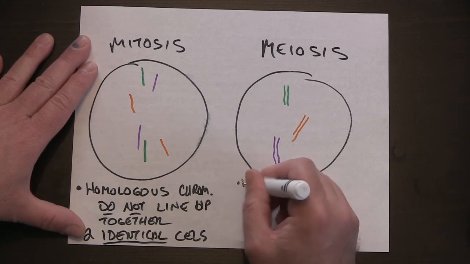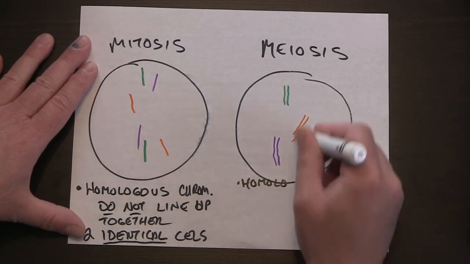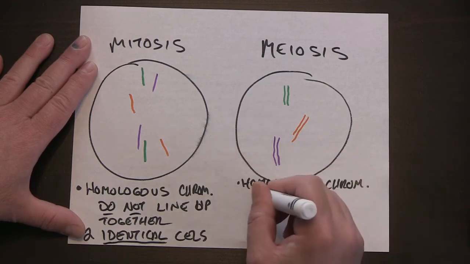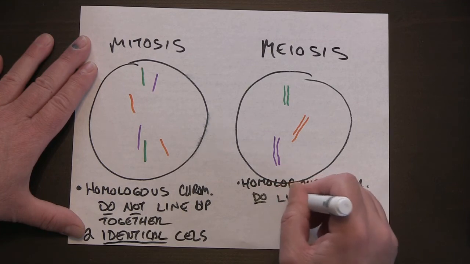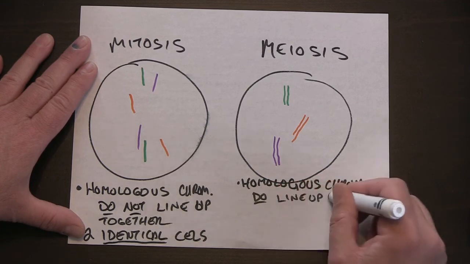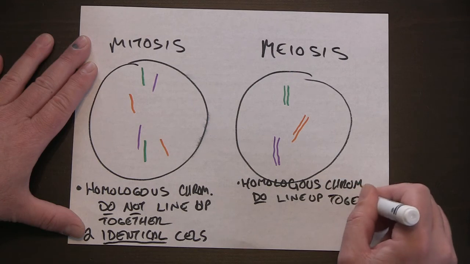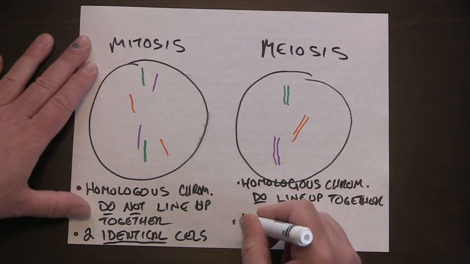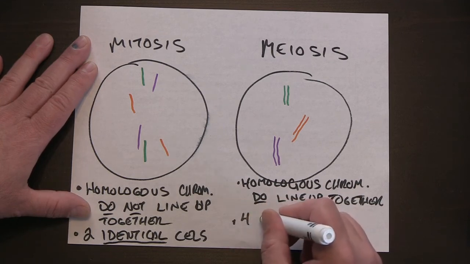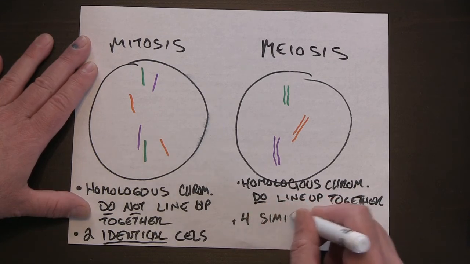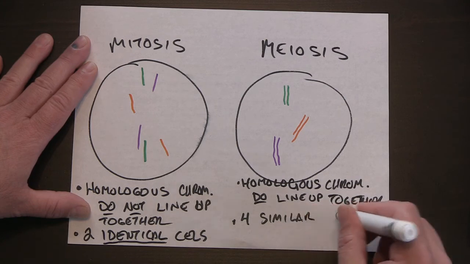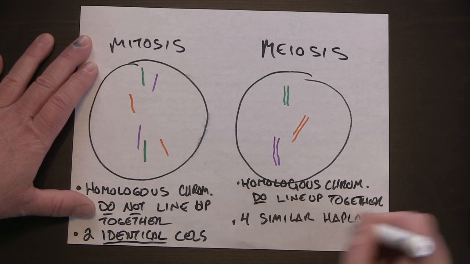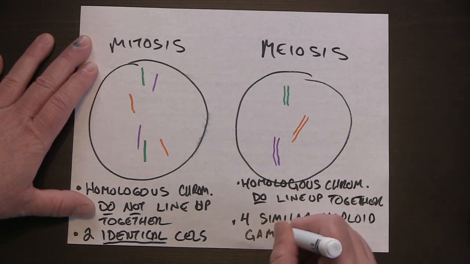In meiosis, we've got a couple things. So the homologous chromosomes do line up together, as they're showing here. And in this one, we're creating 4 similar but not identical haploid gametes.